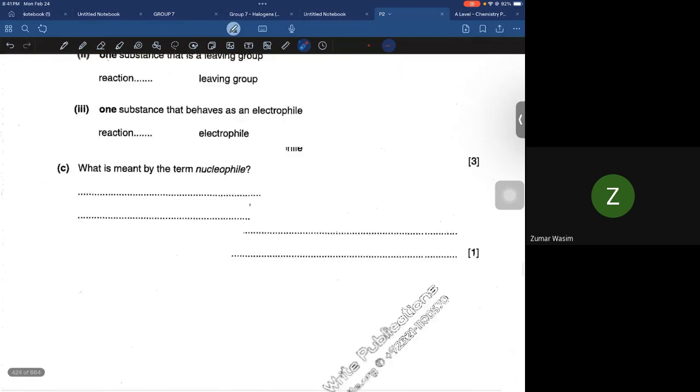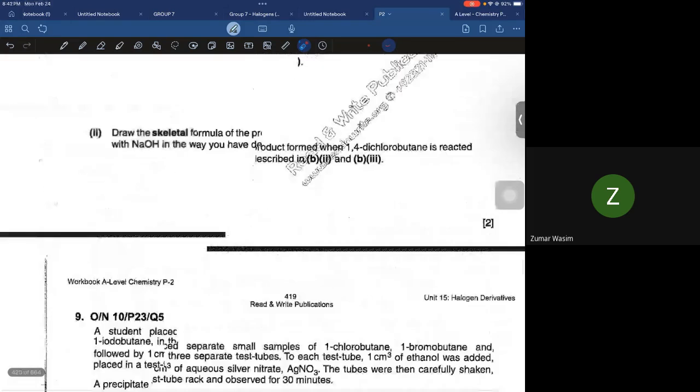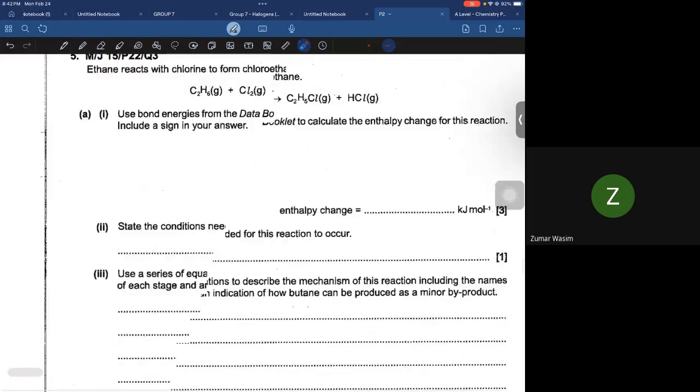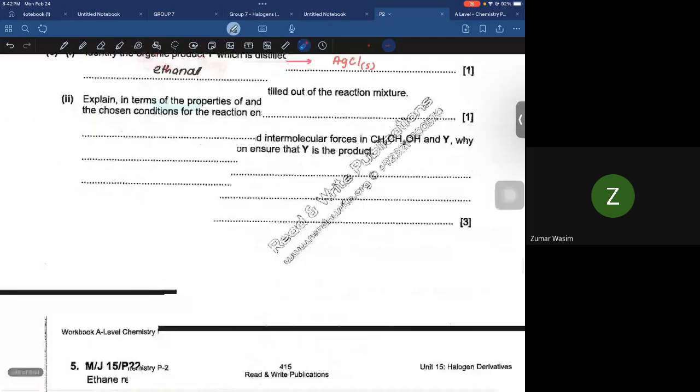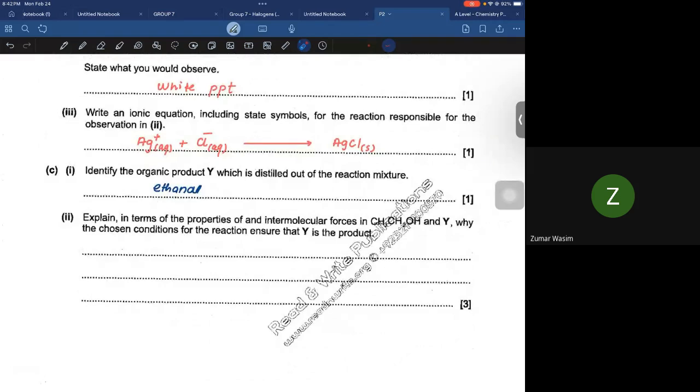And also you had distilled it off from there, so that property makes sure that, due to stronger intermolecular forces of attraction, it could not convert into the carboxylic acid.